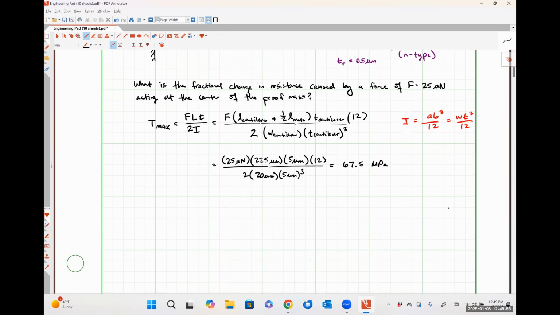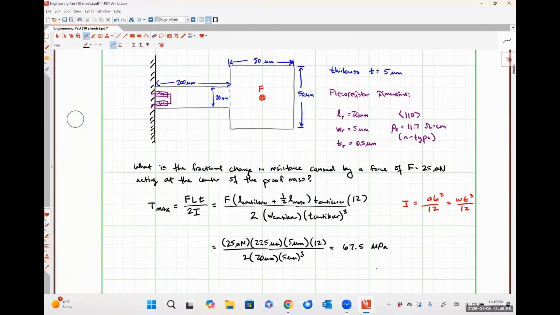For our N-type piezo resistor, notice that we have a 110 thing. Our current is flowing in the longitudinal direction, right? Because of the way that I've drawn the resistors, the current's going to flow down the length of the beam and then back up the length of the beam. So the current is definitely flowing in the longitudinal direction. Our stress is also applied in the longitudinal direction.